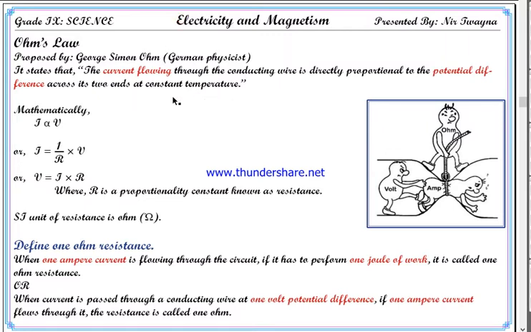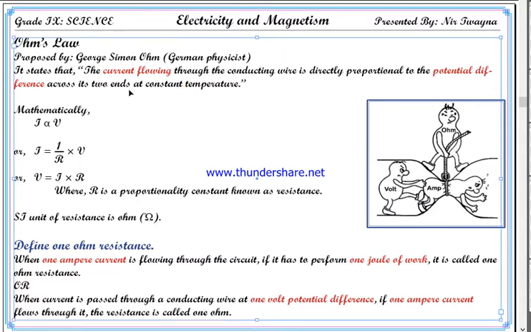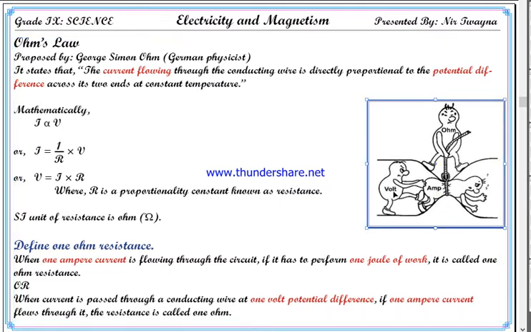So at constant temperature, the amount of current that will flow through the wire or conductor depends on potential difference if we keep resistance constant. Resistance, or ohm, is actually the property of the conducting wire itself. You cannot change this.